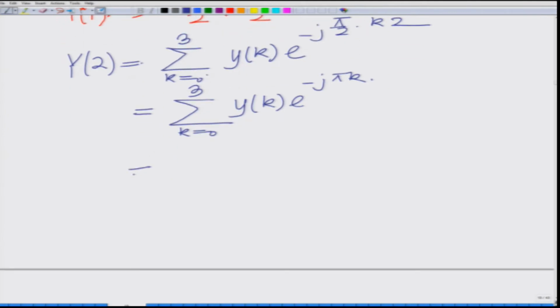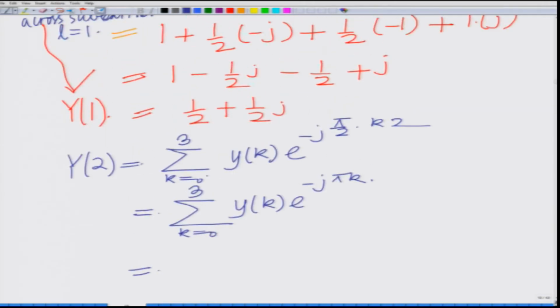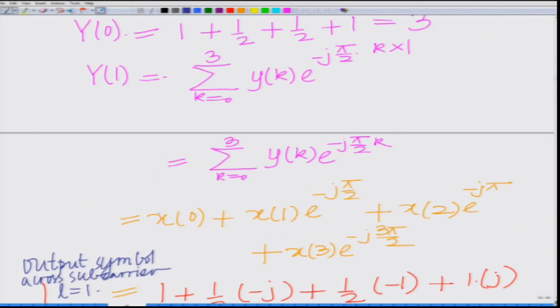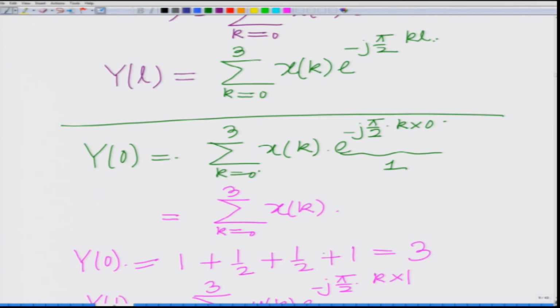I am sorry, I think I have made a small mistake here. I think this has to be the samples y0, y1, y2, and of course y3, that is the small y's. All of these small x's should be replaced by the small y's.